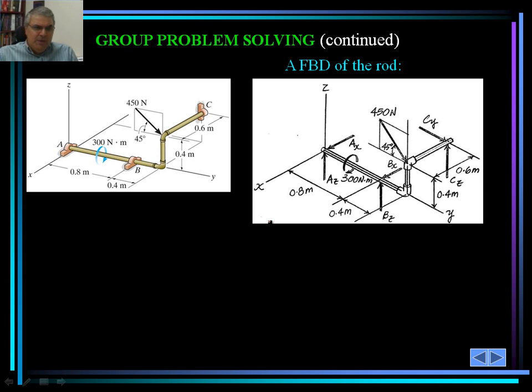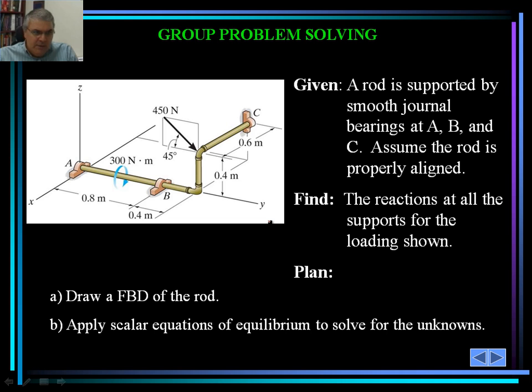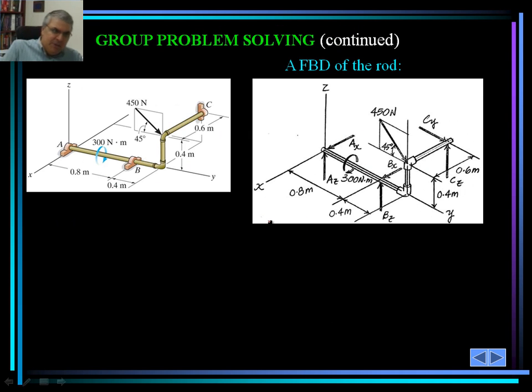So, closer examination of these joints: again, remember, it's given they are smooth journal bearing joints. As such, there will be no moment, only reactions in whichever direction, depending on how they are constrained.